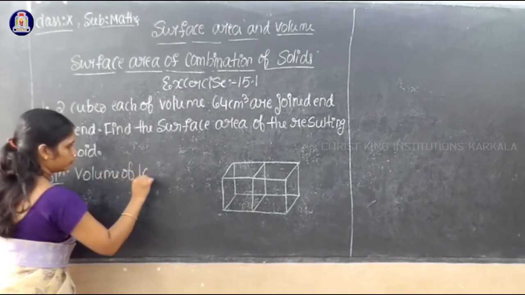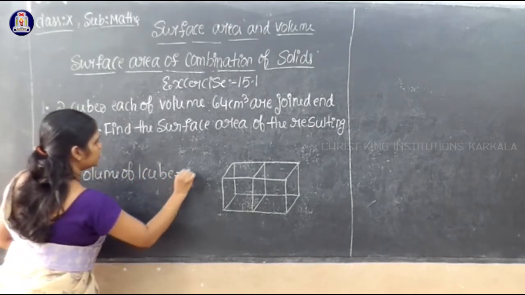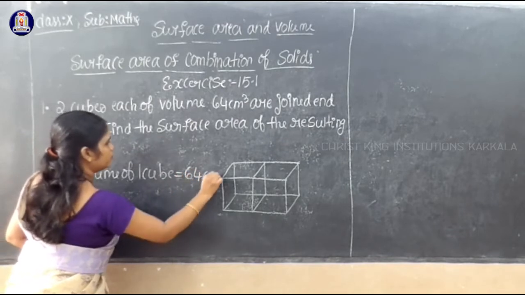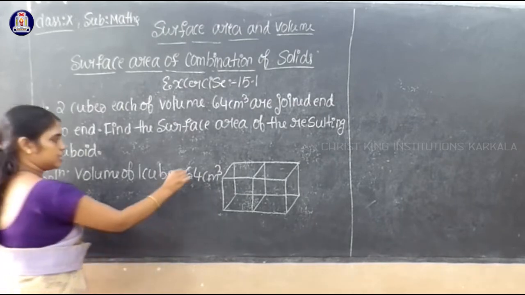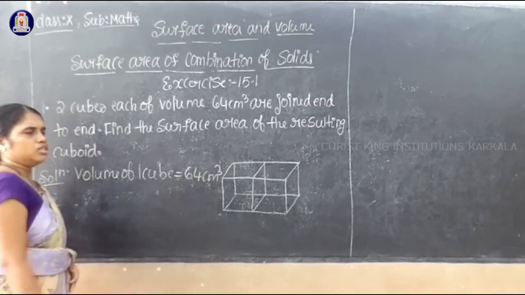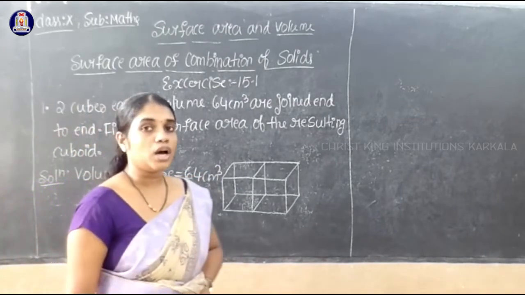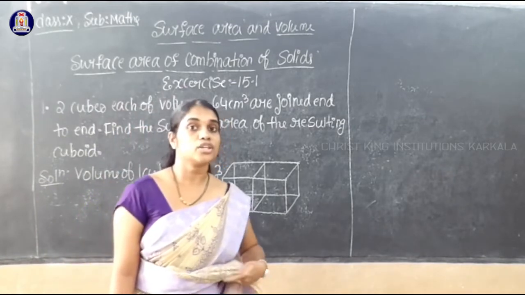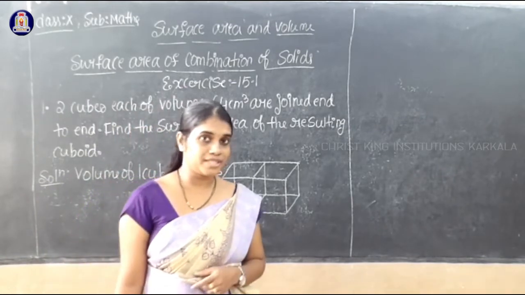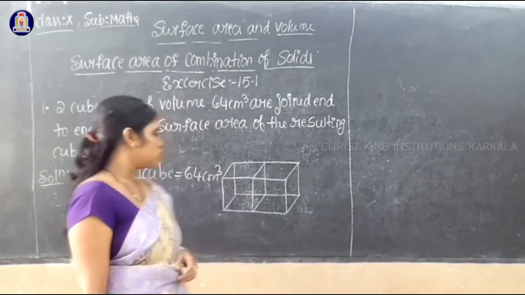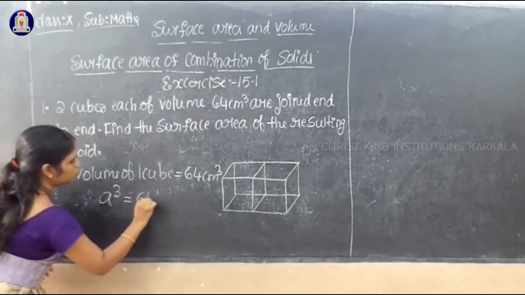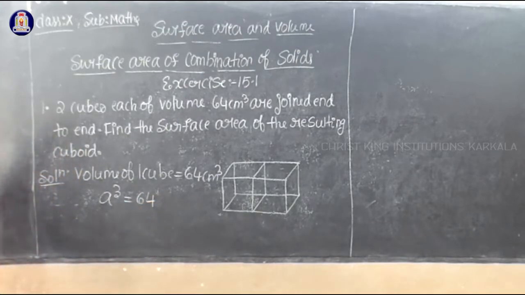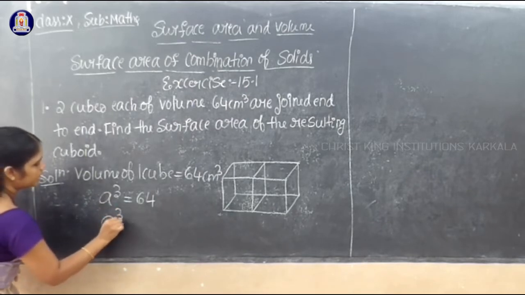Just recall the formula we used to find the volume of a cube. Volume of a cube is given by a cube, isn't it? So therefore I can write a cube is equal to 64.